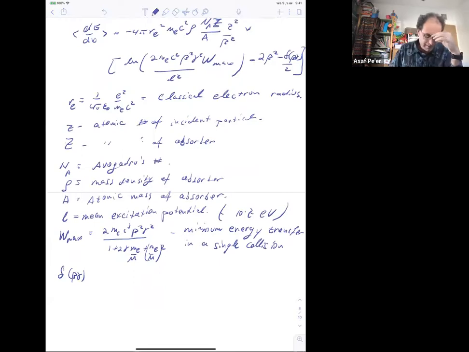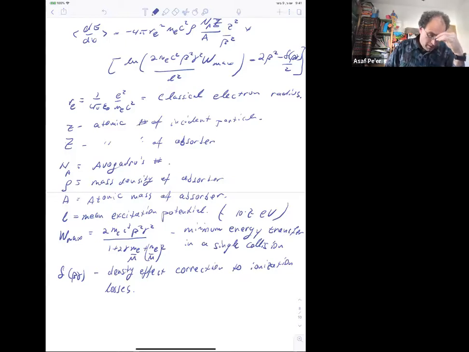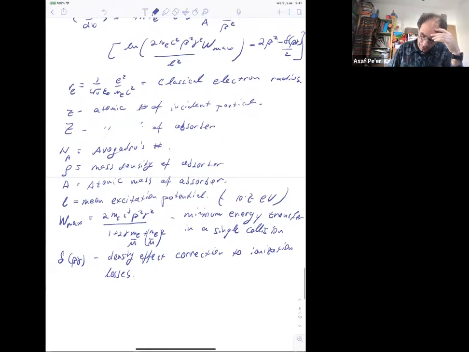It's a density effect correction to the ionization losses. It depends on the material. The units are GeV over centimeter.